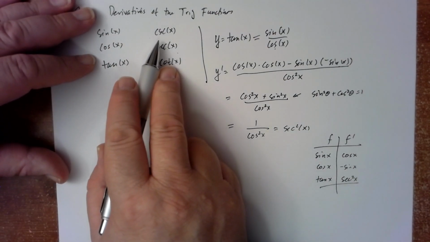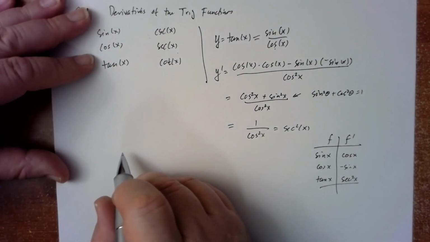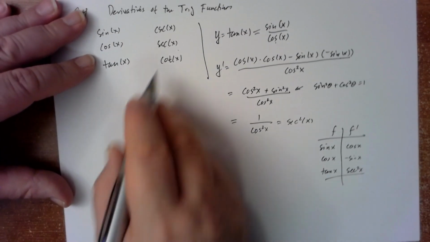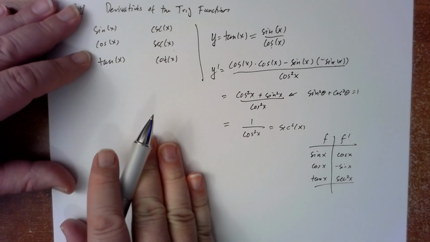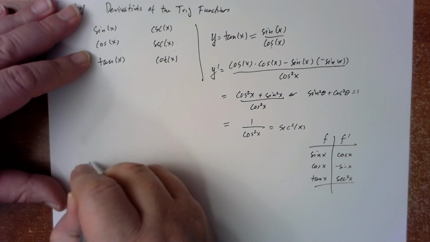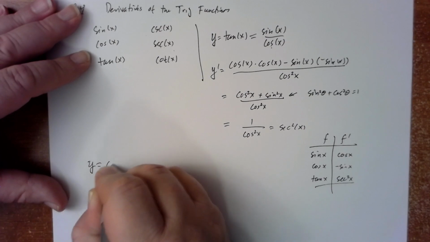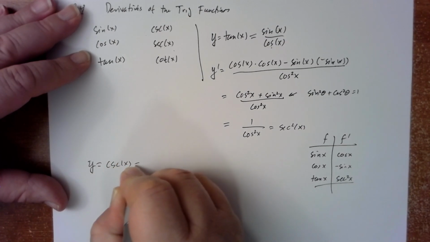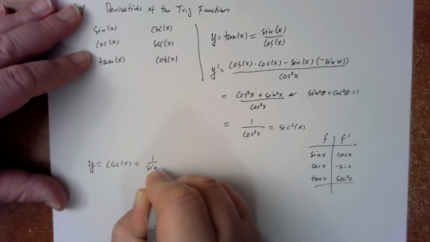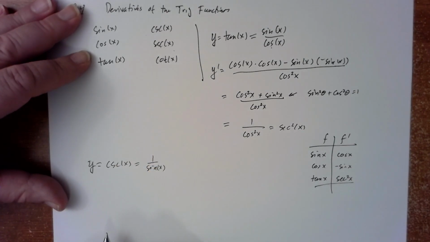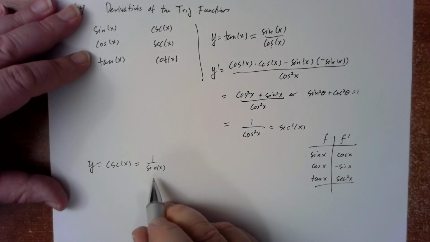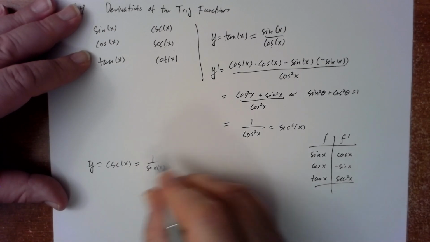How would you get the derivative of cosecant? Derivative of cosecant would be the derivative of 1 over the sine. So we could write y equals the cosecant, which is 1 over the sine. There are different ways of doing this.